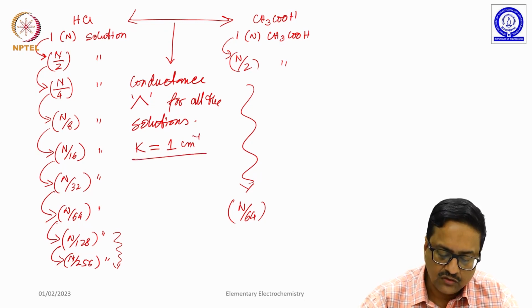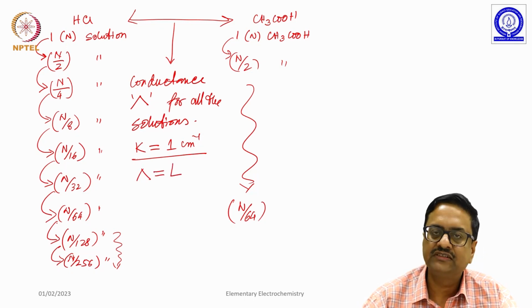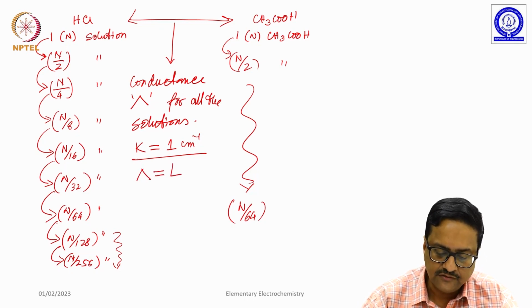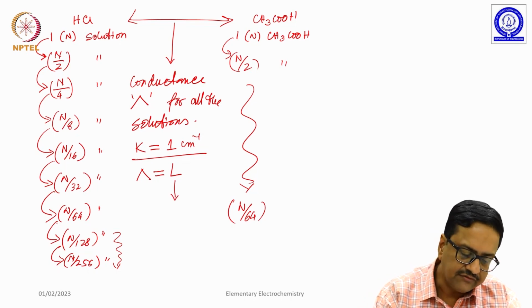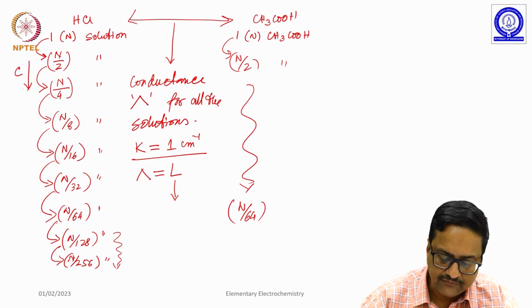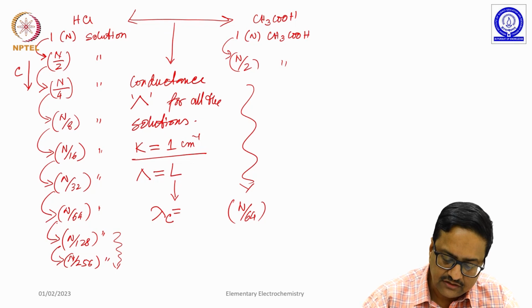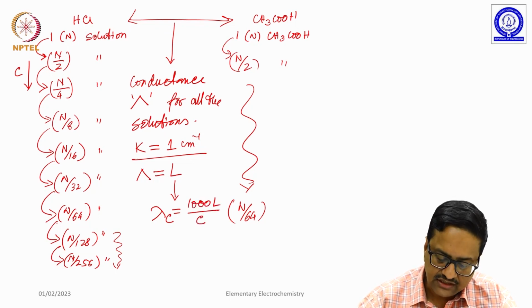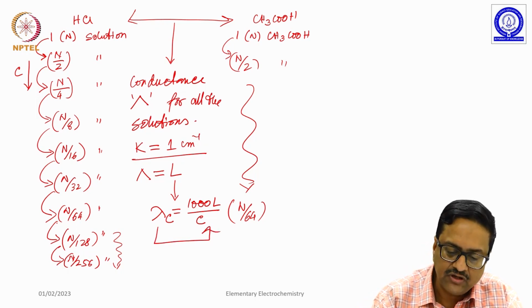So that whatever conductance we measure is directly converted to specific conductance L, and from those L's, using the value of the concentration of these solutions, we will calculate the values of lambda C, right? Lambda C is nothing but 1000 L by C.